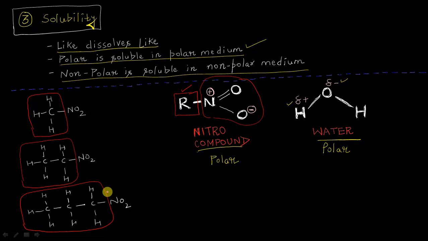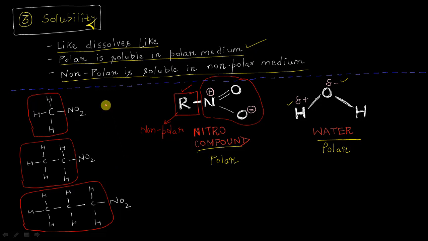So we can see here that as the size of the R group is increasing from 1 carbon atom to 2 carbon atoms, and then in this case 3 carbon atoms, and moreover the carbon and the hydrogens have the same electronegativity, thus whatever R group we have here is actually a non-polar type of group in nature.